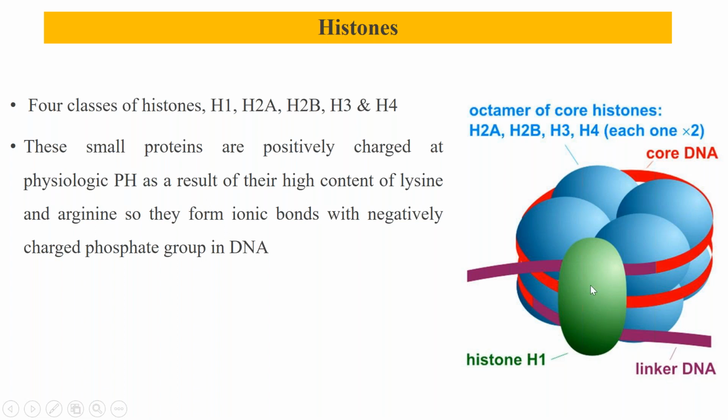And in the middle is this green oval shape, histone 1. Till now we have talked about the octamers of H2A, H2B, H3 and H4. We had not talked about H1 yet. So H1 links, attaches itself to the DNA from outside and stabilizes the molecule.